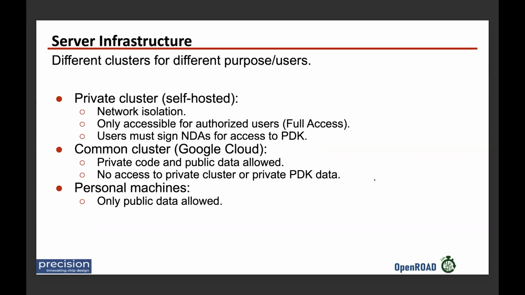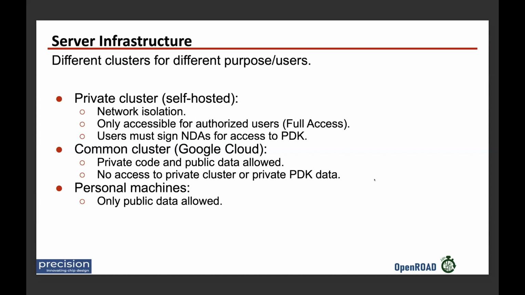On the server infrastructure, we work with two clusters and personal machines, due to everybody being on remote work these days. The private cluster is self-hosted by us. It's isolated in a secure network, only accessible to authorized users, those with full access, and they have to sign NDAs to have access to the server and the PDK.